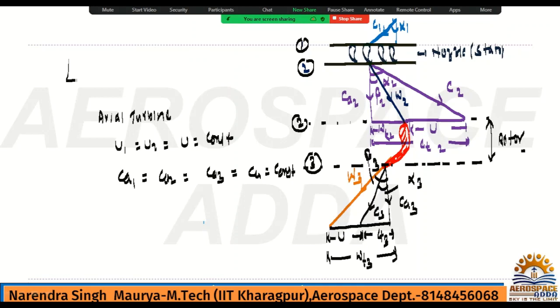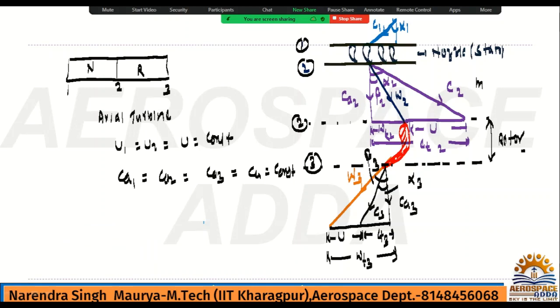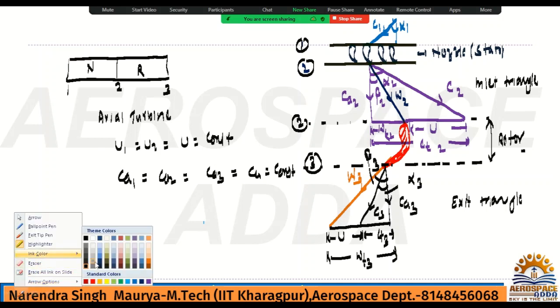Here already I had given 2, 3, this is what rotor, and 1 to 2, this is what nozzle or stator. So if you check from this, where is the inlet triangle? So this is what inlet triangle, and this is what exit triangle. Okay, inlet triangle and exit triangle.